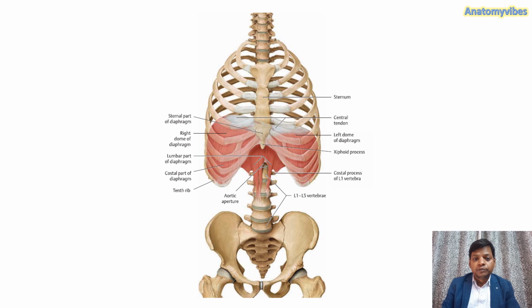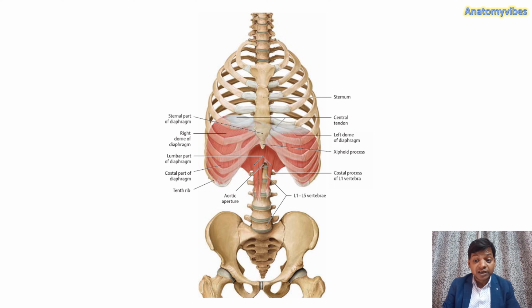Just below the thoracic cage, you can see this musculotendinous structure which is present in between the thoracic cavity and the abdominal cavity. So today we will explore this musculotendinous structure which is separating one cavity from the other, and this is known as diaphragm.